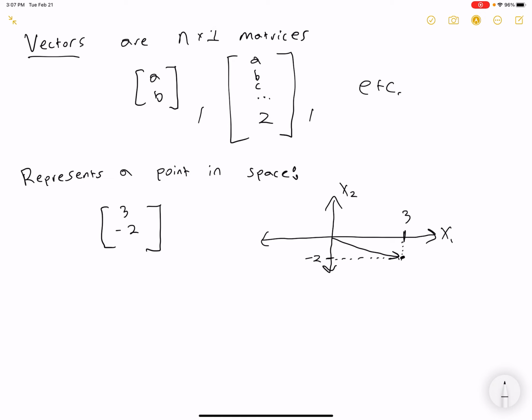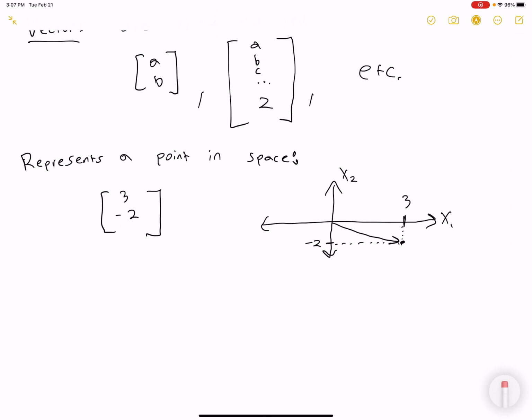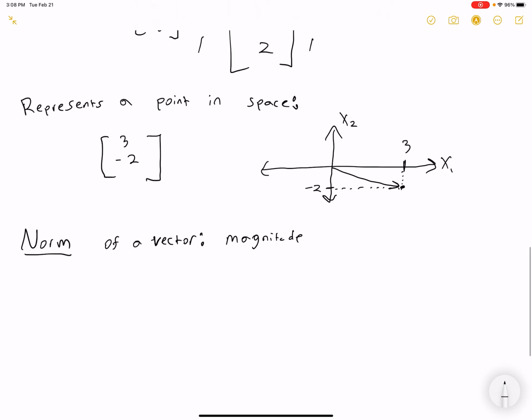So there's certain operations that we like to do on vectors. So we have the norm of a vector. The norm of a vector represents the magnitude, kind of like the length, the magnitude of a vector.